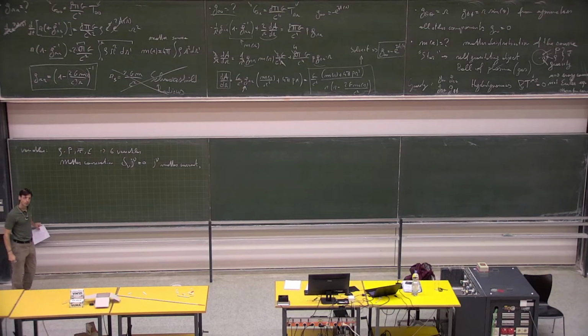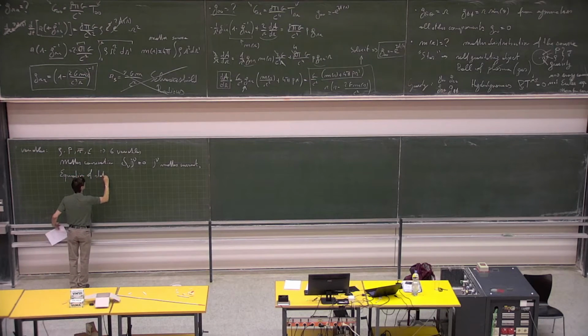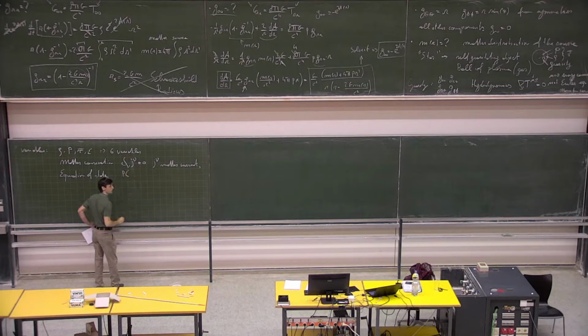So what we need to impose, we need to understand what are the intrinsic properties of our system, and we need to introduce an equation of state. That relates pressure to density and the thermodynamical properties of our system, such as, for example, the temperature.